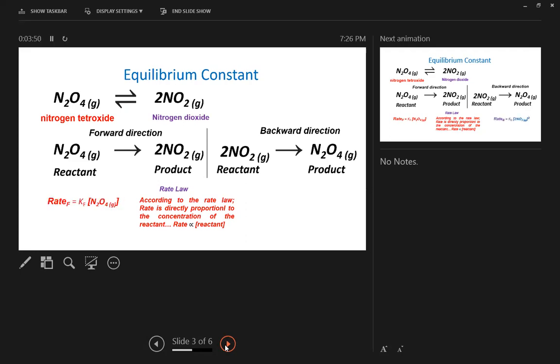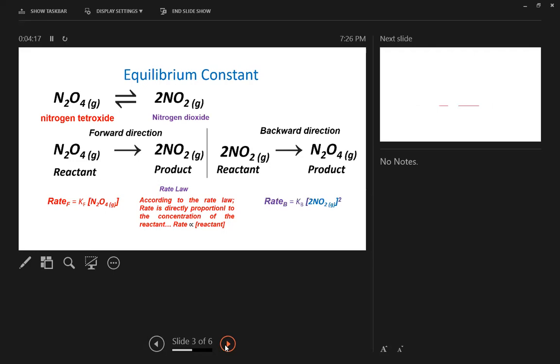What does that entail? That means the rate of the forward reaction is equal to Kf, the rate constant, multiplied by the concentration of the reactant of the forward reaction, which is the nitrogen tetraoxide. Now, what about the backward reaction? What does the rate imply? For the backward reaction, the rate B equals Kb times the concentration of nitrogen dioxide.